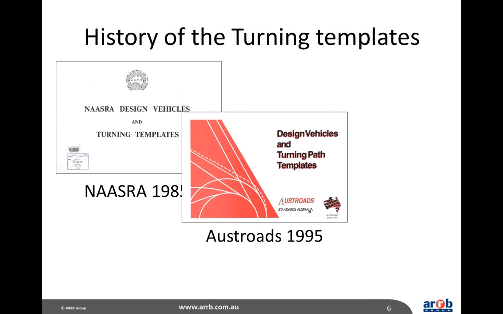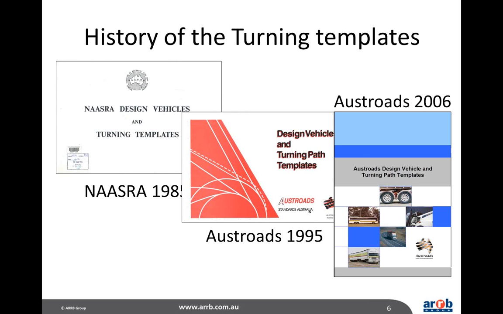The 1995 guide update reflected changes in the vehicle dimensions in the meantime and included a number of larger vehicles. The guide was then further revised in 2006 and reflected further changes in vehicle dimensions since 1995 and also provided a more detailed user guide.